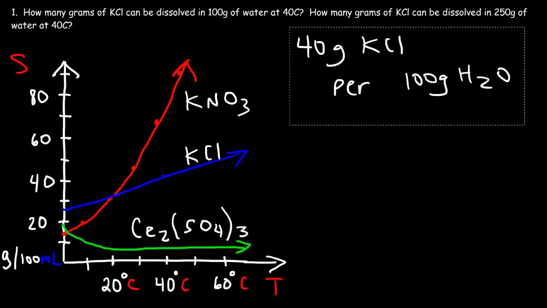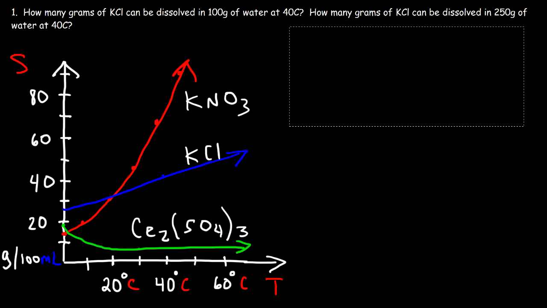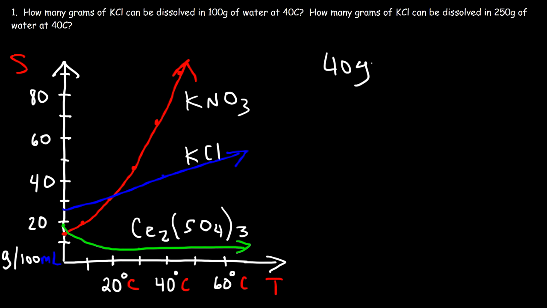Now, what about the second part? How many grams of KCl can be dissolved in 250 grams of water at 40 degrees Celsius? Well, we know that 40 grams can be dissolved in 100 grams of water.